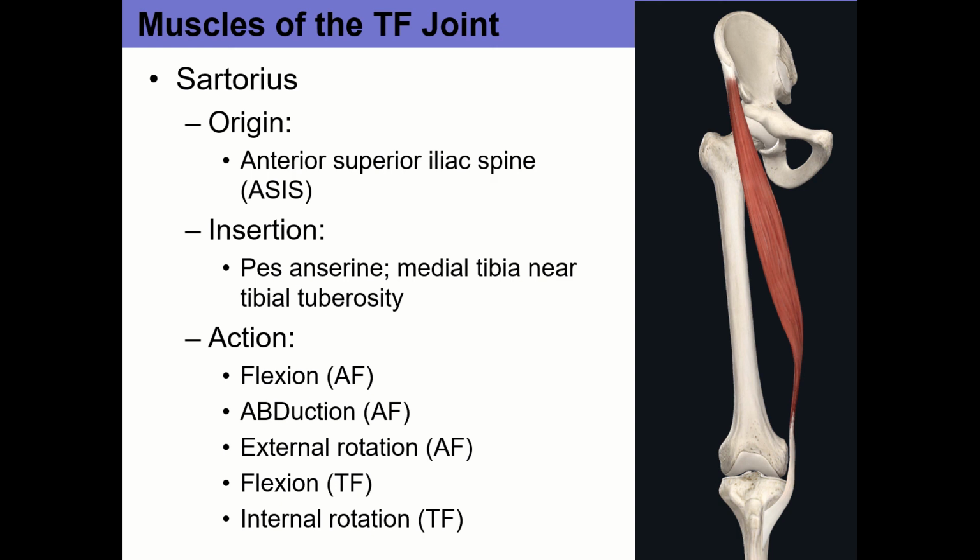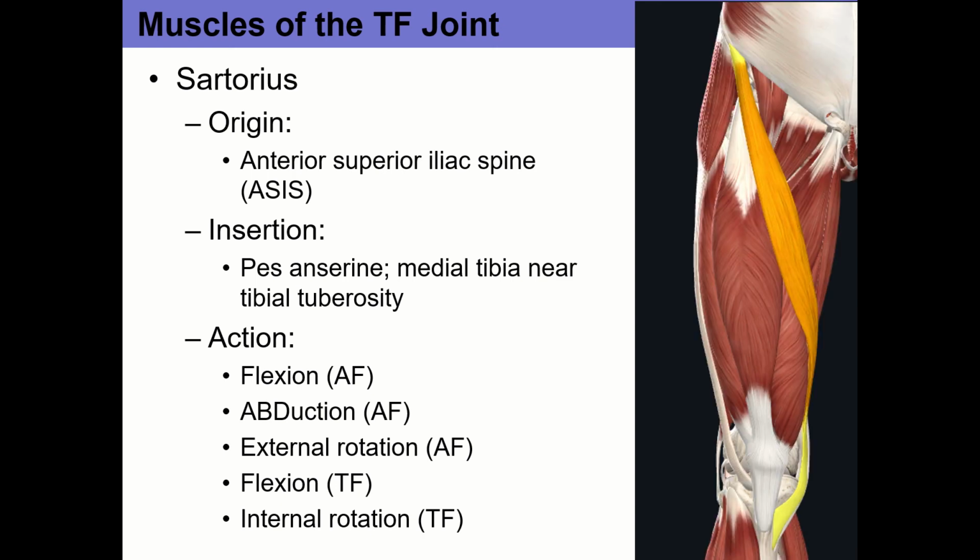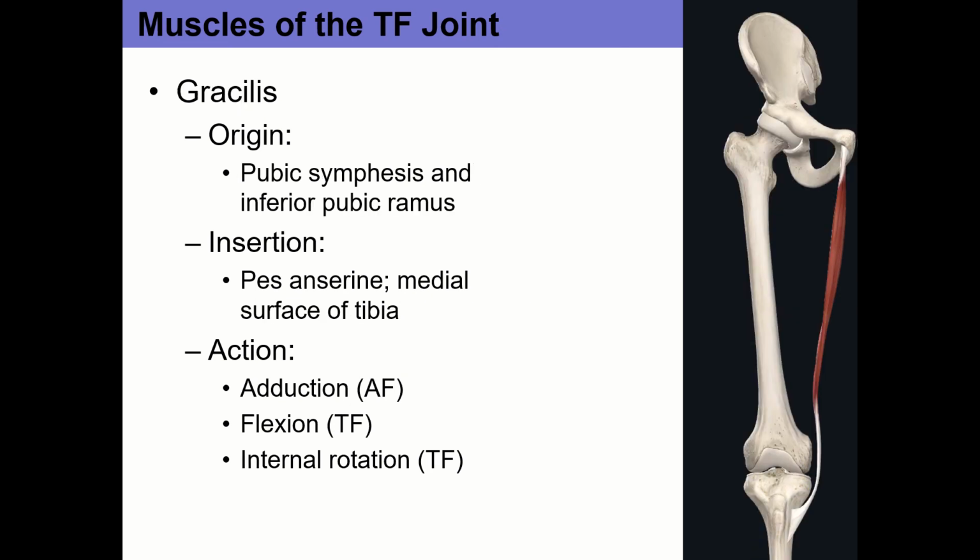And then the next one's gracilis, which is another muscle you've seen before. There's sartorius again, the longest muscle in the body, with all the rest of them. Gracilis is the most medial of your adductor muscles. It doesn't have adductor in the name, but it is primarily an adductor. It originates from the inferior pubic ramus close to the pubic symphysis, and also inserts at the pes anserine. Again, it is primarily an adductor, and it is a flexor and internal rotator at the knee.